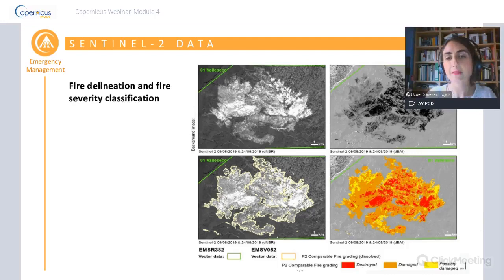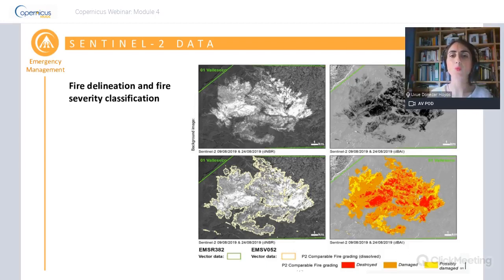Okay, as for Sentinel-2 data, we have mainly used it for fire delineation and fire severity classification. Why? Because its spatial resolution is a limitation for us. However, its spectral resolution is really an advantage for fire delineation, because it allows us to calculate vegetation indices that are different from the typical ones that only use the near infrared and the red, such as the burnt area index.